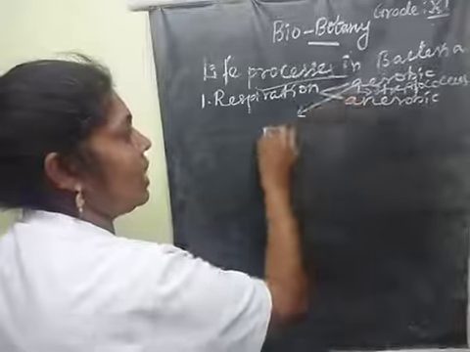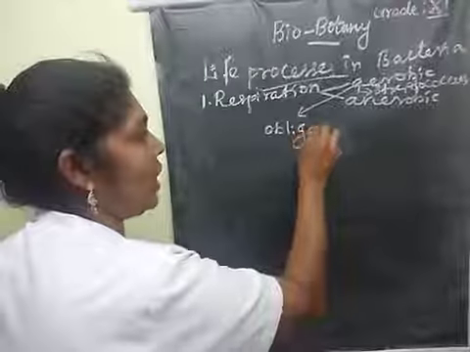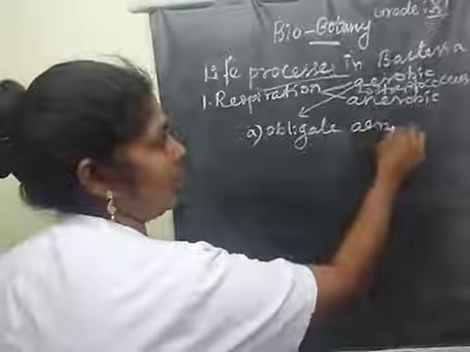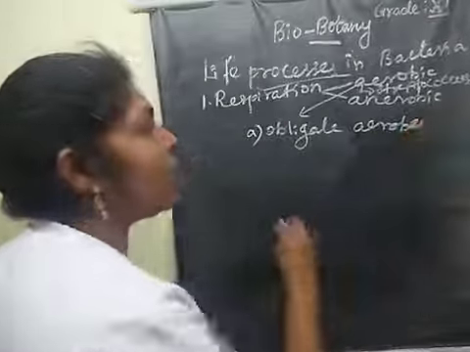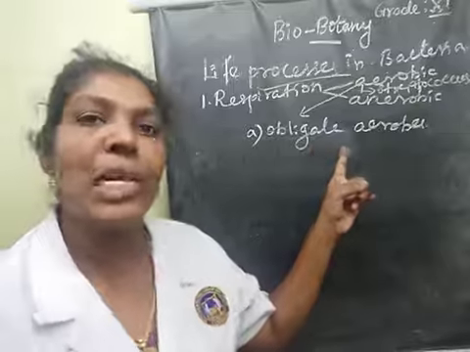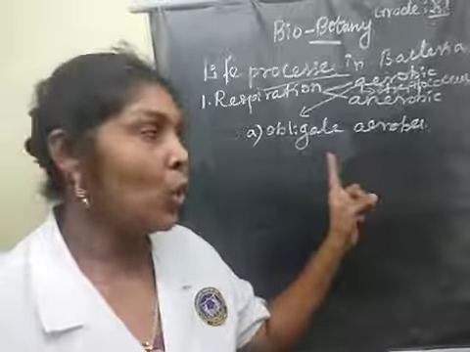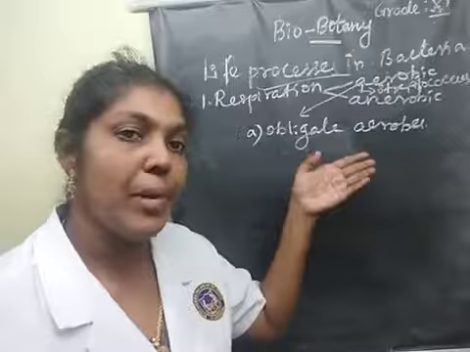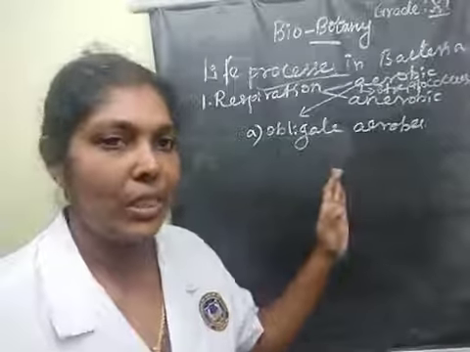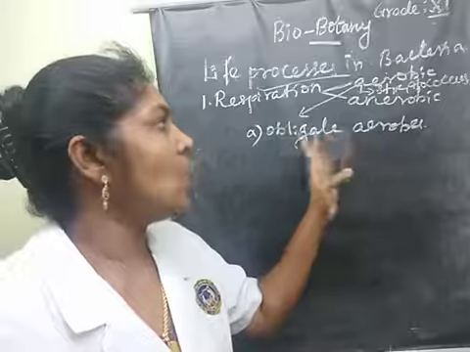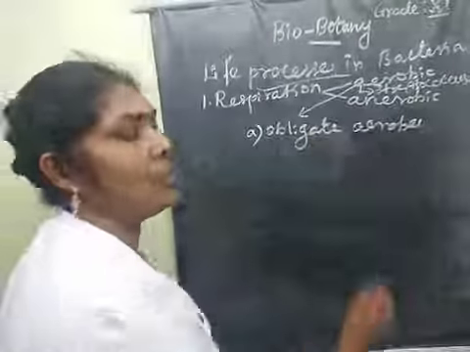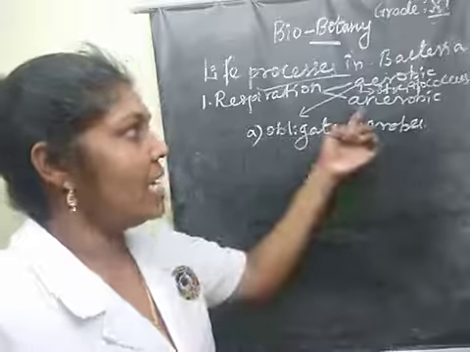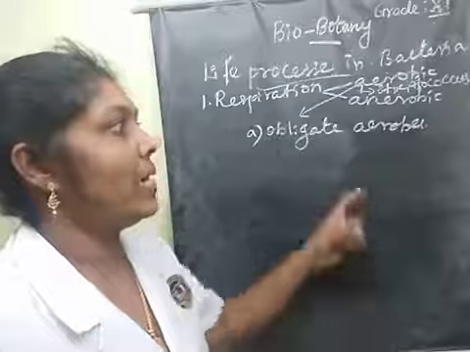Obligate aerobes mostly come under the Micrococcus species. For growth and metabolic activity, they require oxygen. Understood, children? So that is obligate aerobes. Clear, students? Say yes or no. Yes.